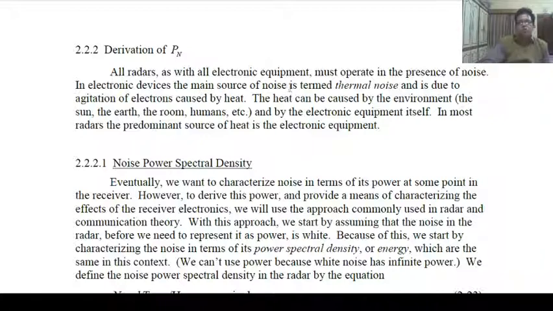The main source of noise is termed thermal noise and is due to agitation of the electrons caused by heat. The heat can be caused by the environment, the sun, the earth, the room, humans, etc., and by the electronic equipment itself. In most radars, the predominant source of heat is the electronic equipment.